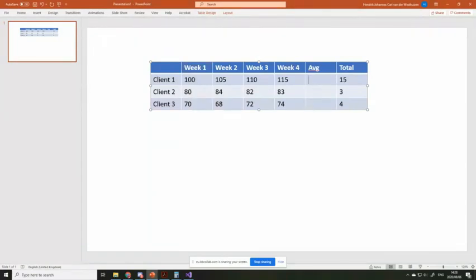So if I say total weight divided by the number of weeks, 15 divided by 4, would that be correct? No, because the first week doesn't give us a comparison. And I said this earlier, but we use the number of measurable weeks that we have. So we've got week 1 compared to week 2, week 2 compared to week 3, and week 3 compared to week 4.